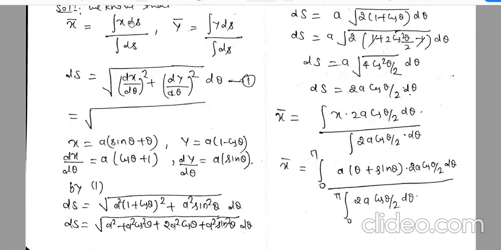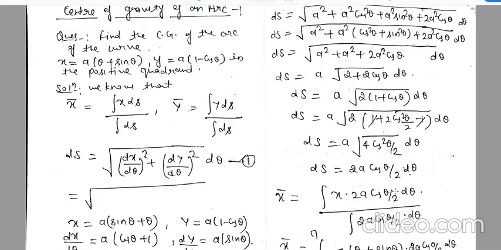So just write the value of ds in x bar and y bar. x bar is equal to integration x times 2a cos theta by 2 d theta upon integration 2a cos theta by 2 d theta. Now the limit is 0 to pi here, because x is equal to a(theta plus sine theta) and y is equal to a(1 minus cos theta).